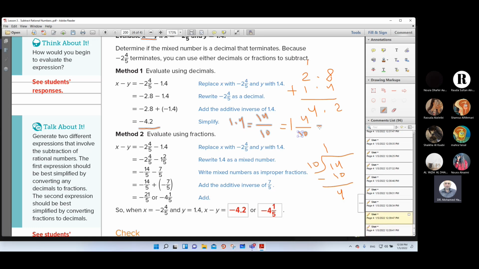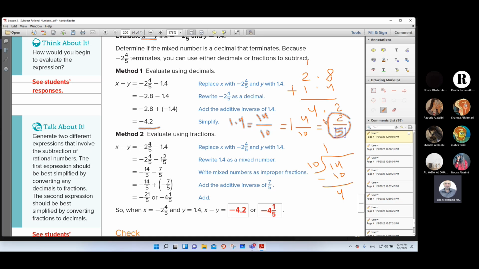Then you can do simplest form. Divide up by 2, divide down by 2. 4 divided by 2 will be 2, and 10 divided by 2 will be 5. So the decimal here as a mixed number will be 1 and 2 over 5.